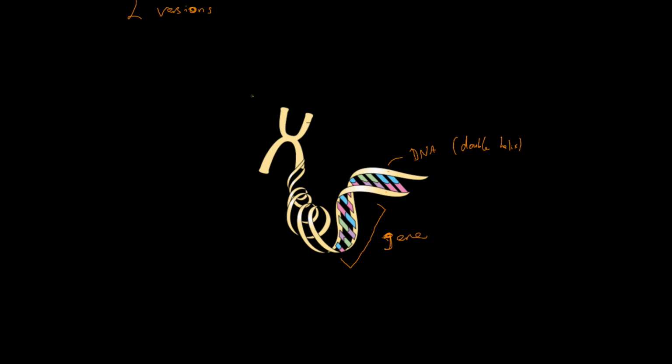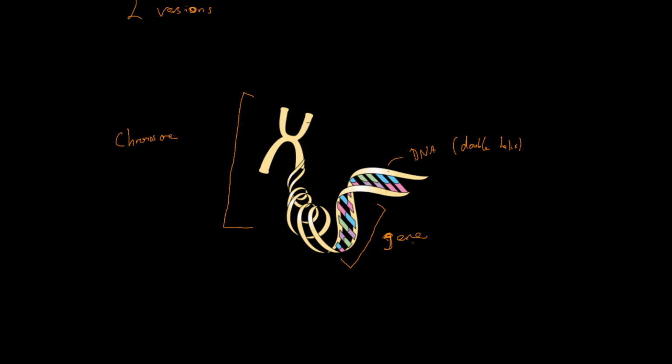And now the entire thing, the genes all joined together, will make up a chromosome. And these chromosomes are what is found in the nucleus of your cells. So your cells will have these chromosomes inside them, and they are stored in the nucleus.